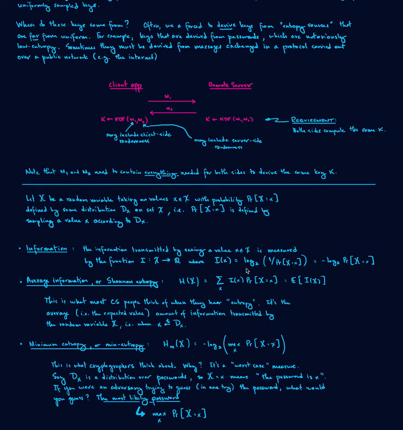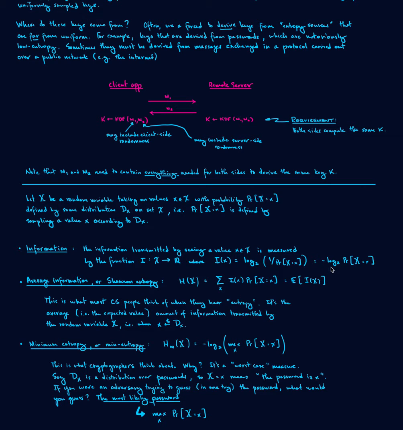So you can encode lots of bits into an unlikely value. So this is the amount of information that you can transmit or convey, or that is captured by seeing the value little x. And here, because it's 1 over, when it comes to logs, you just pull a minus out front. This is the typical way that you'll see the information of value little x being defined.